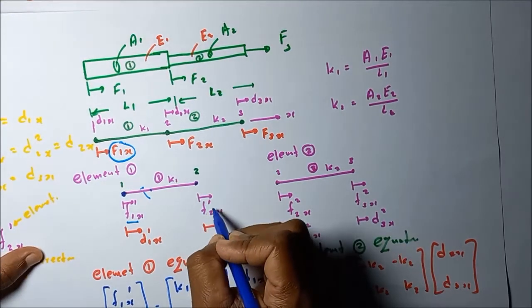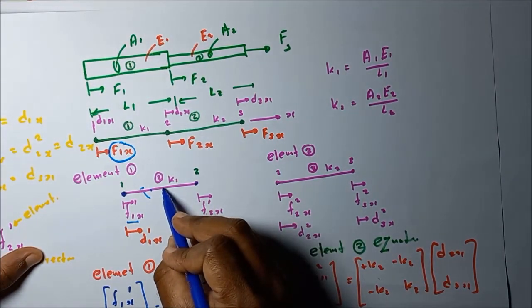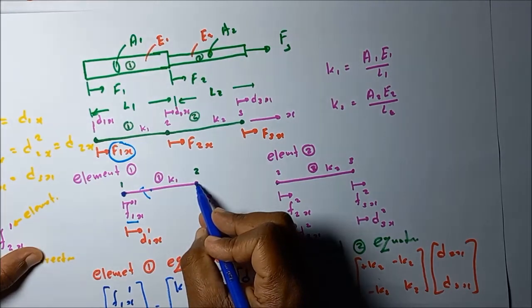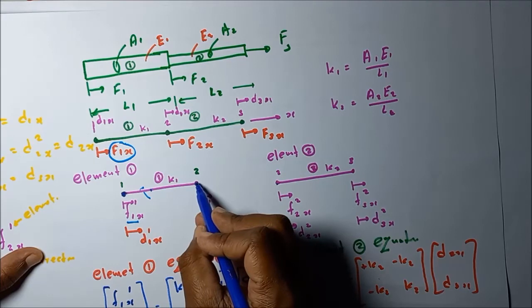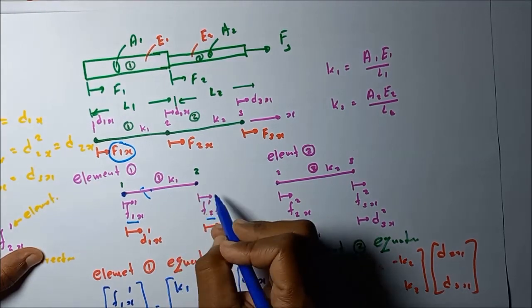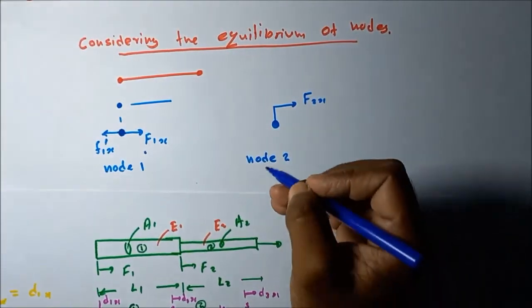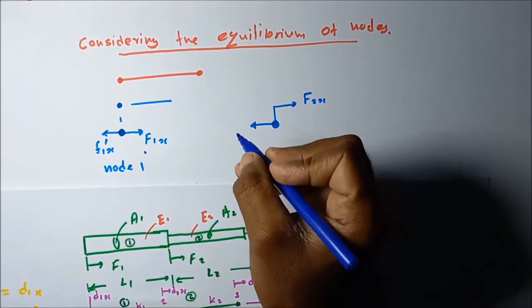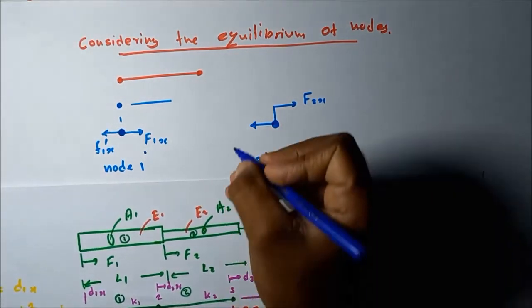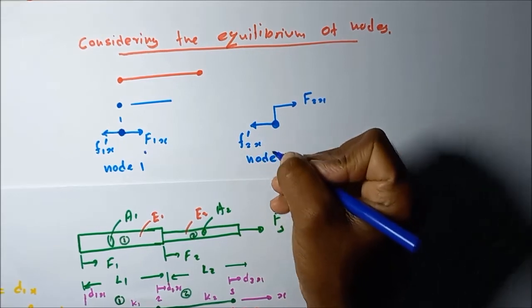This force is representing the force acting on the line from the node. So the force acting on the node from the line should be opposite in direction. That means this is acting in this direction, equal to F2x1.